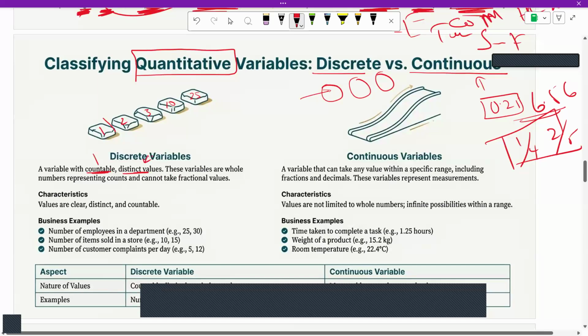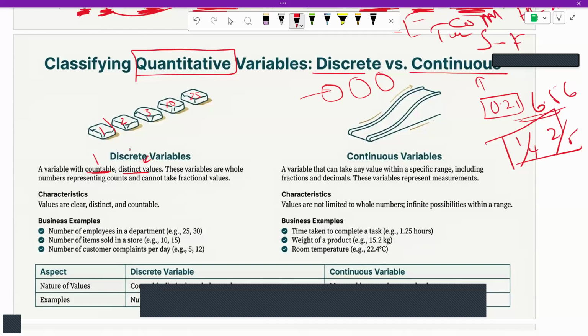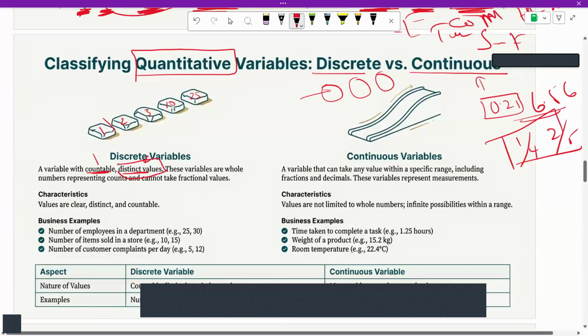How many mangoes? How many heads? How many tails? How many, in terms of numbers, like full numbers. How many computers? How many cables? Like that. A distinct number, it has a concrete number.